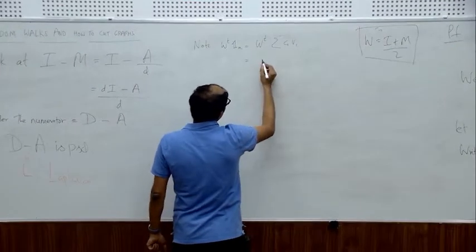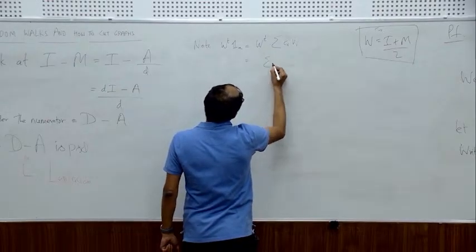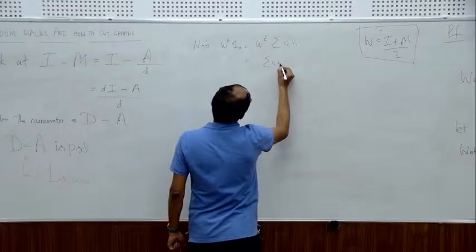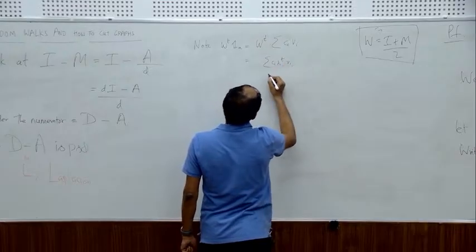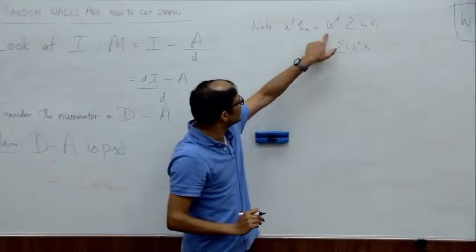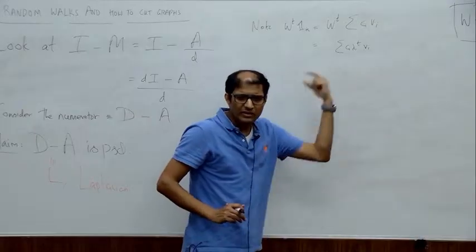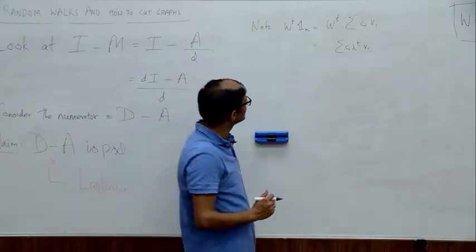So what does that equal? This is summation Ci lambda i to the t Vi, because Vi is an eigenvector, so W Vi is lambda i Vi, W square Vi is lambda i square Vi, on and on. So this is what that expression equals.